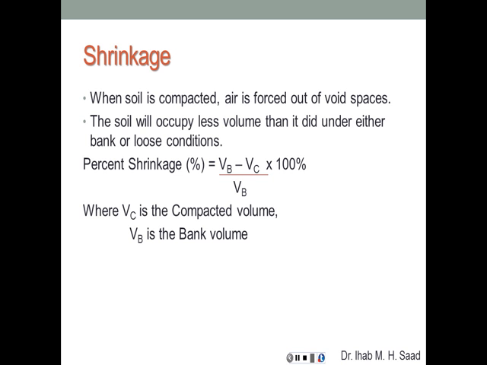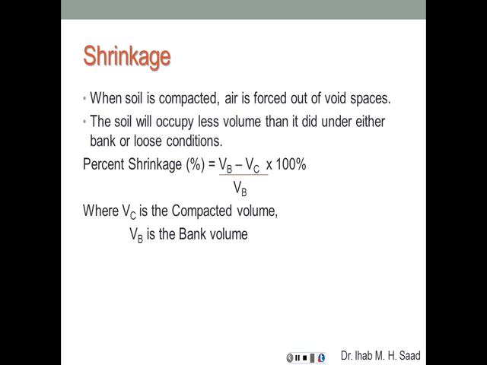Now think about it for a second. Which volume is going to be greater, the VC or the VB? Of course it's going to be the VB. The bank volume is going to be greater than the compacted volume. Now again, which density is going to be higher, the compacted density or the bank density? Of course the compacted density is going to be higher because now the soil particles have been compacted, getting close to each other.